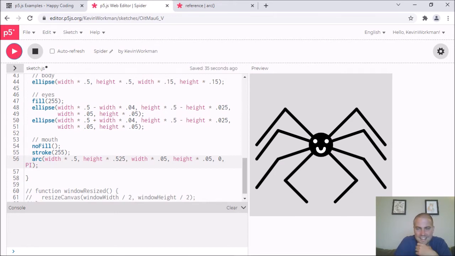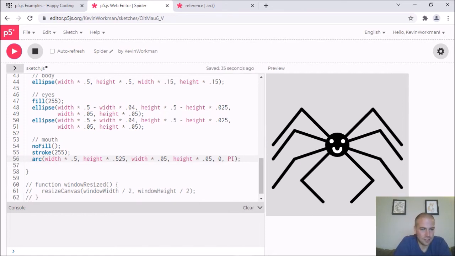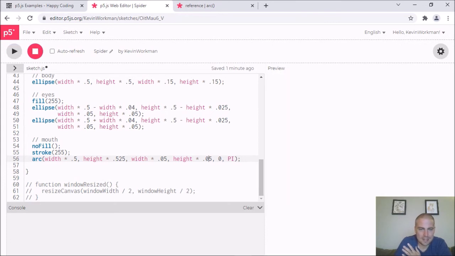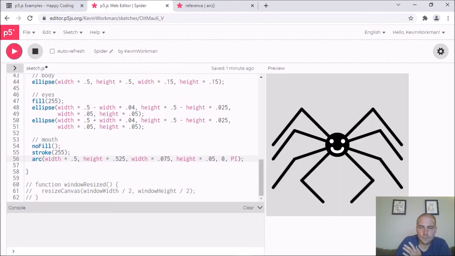I kind of like that. You know, here we are at the point where you could play with these numbers a lot to make the mouth exactly what you want it to be. Maybe not that. I think maybe that's right. Okay, I feel pretty good about that.